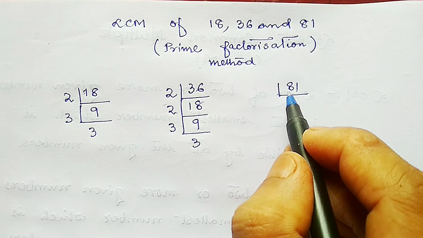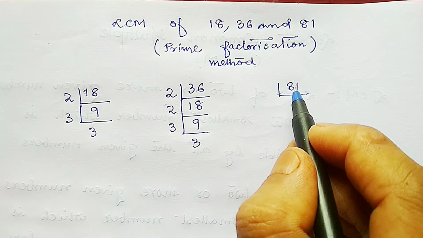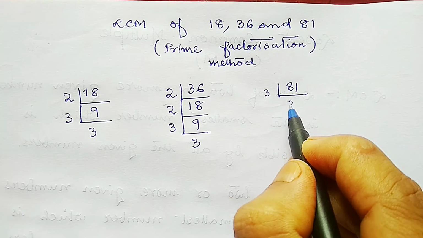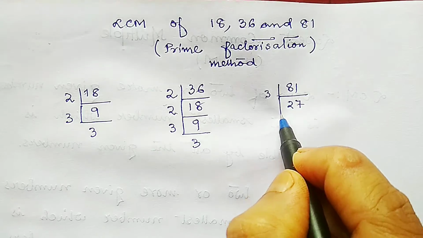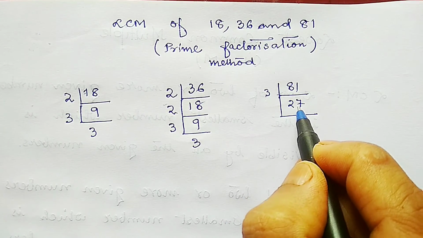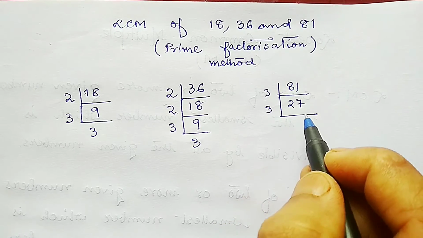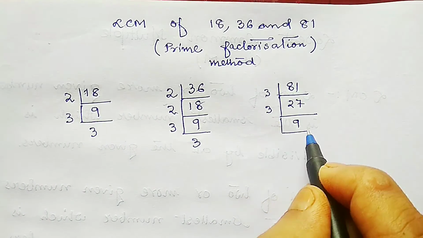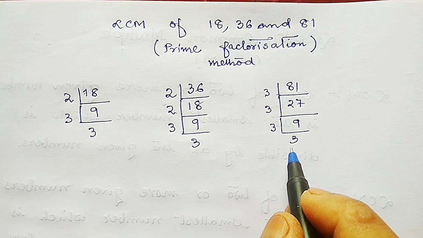Just because 8 plus 1 is 9, and 9 is divisible by 3, 81 can be divided by 3. 3 27s are 81. Again 2 plus 7 is 9, 9 can be divided by 3, so 27 is also divisible by 3. 3 9s are 27. And 9, we know 3 3s are 9. Since it is a prime number, we will stop.